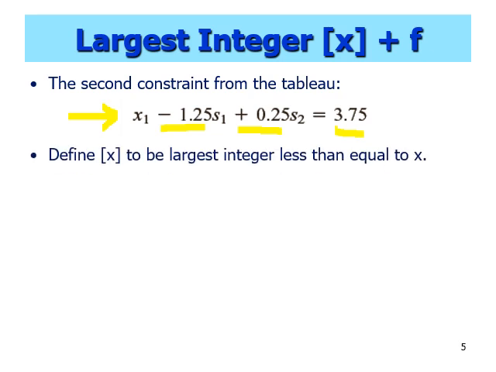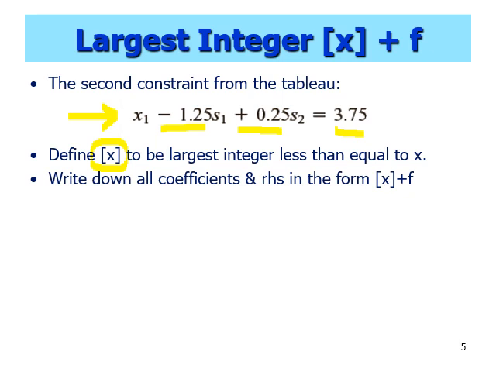What we're going to do is first define x in a bracket to be the largest integer less than or equal to x. So if x is a number, x in a bracket means the largest integer less than or equal to x.